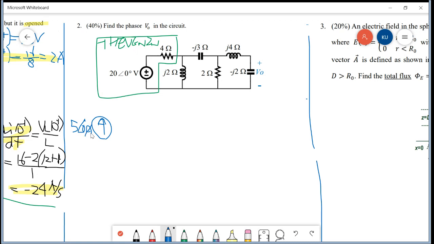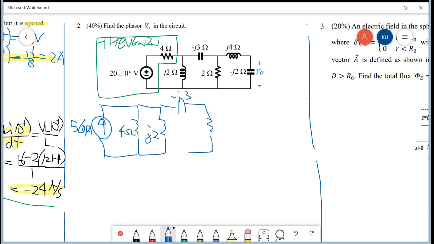The 50 degree is actually 5, but we only write this for emphasis. It is actually a complex number or a phasor, it is not a DC voltage.